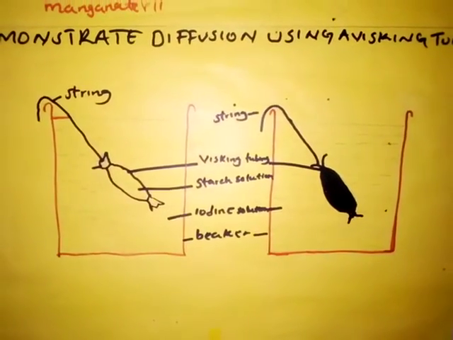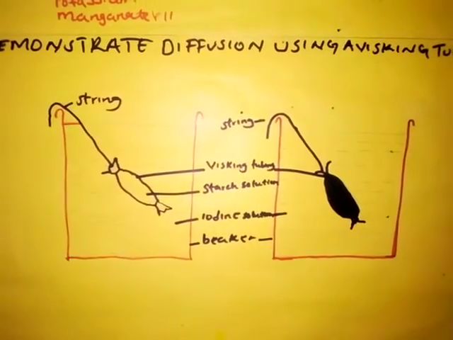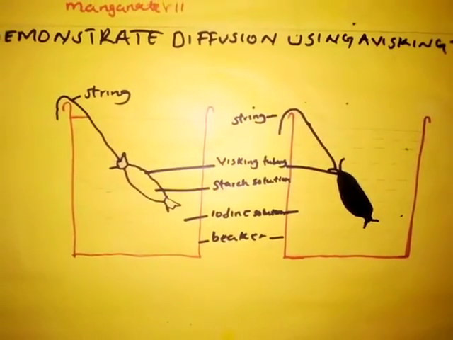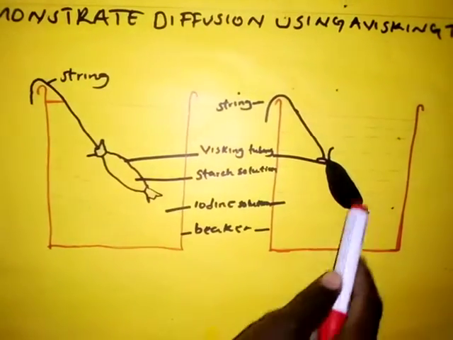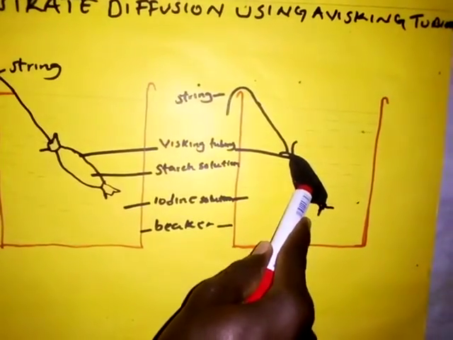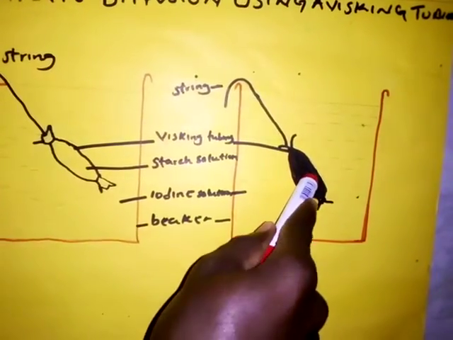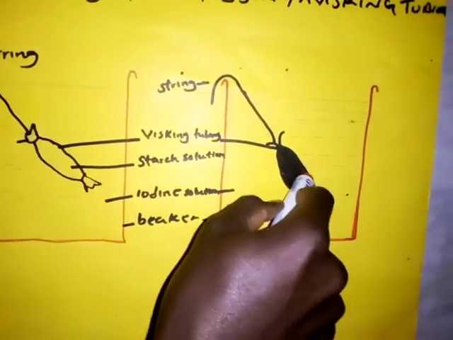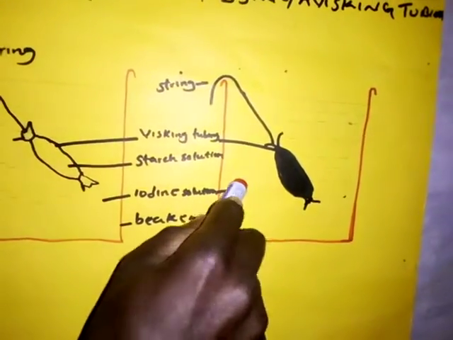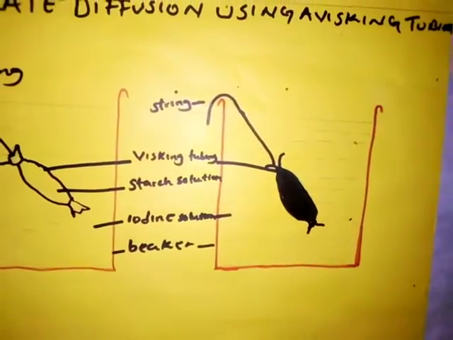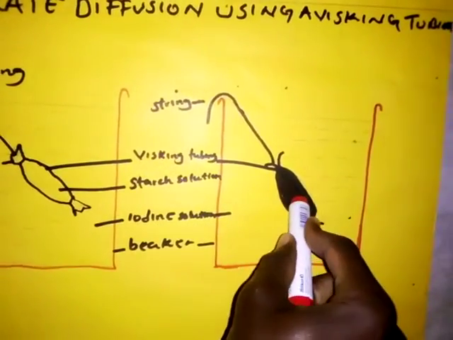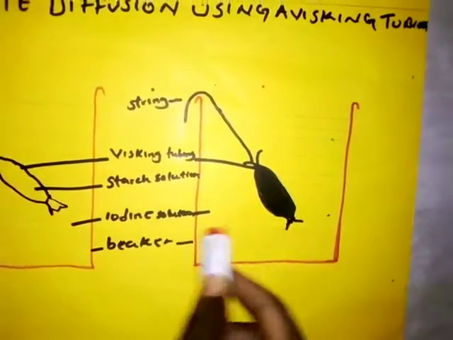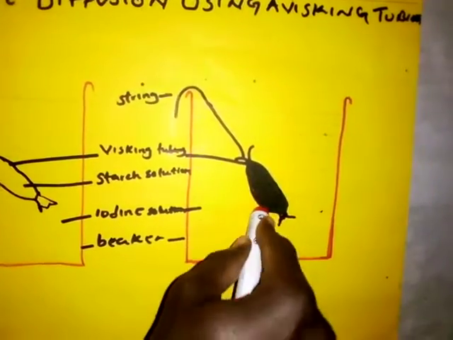So only iodine molecules could pass into the whisking tubing, and the starch molecules could not pass out of the whisking tubing. A reaction occurred whereby the iodine molecules which passed into the whisking tubing reacted with the starch solution to form a blue-black solution.